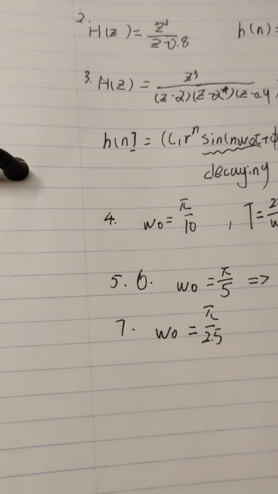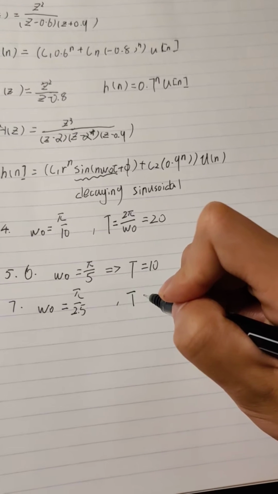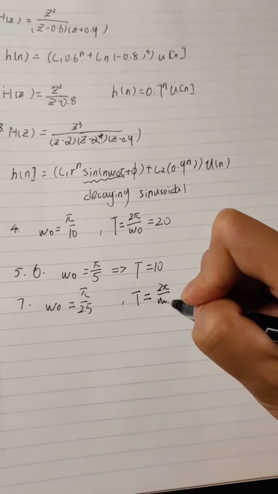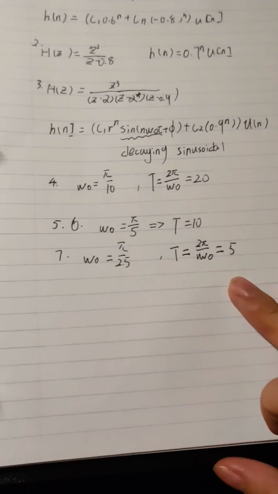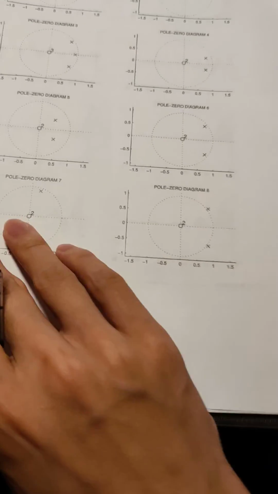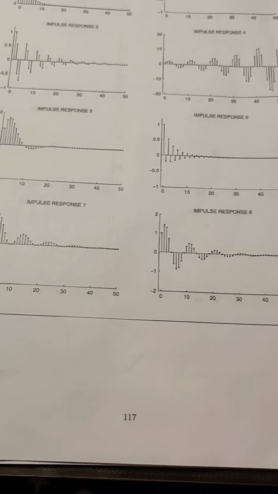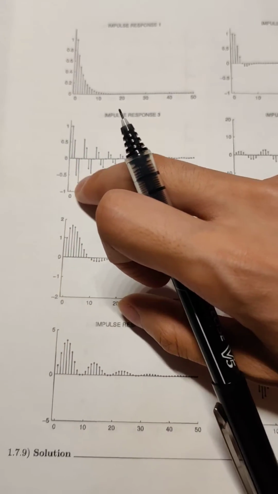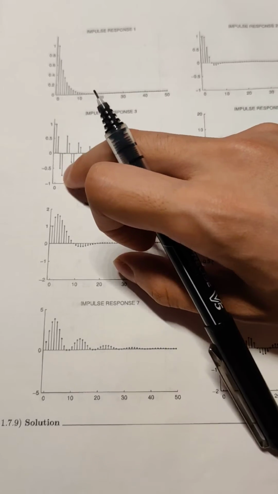If we get W0, we can calculate T, which equals 2 pi divided by W0, which equals 5. The period for one circle is around 5, so it may be impulse response number 3. We can say the period of time for one circle is 5.